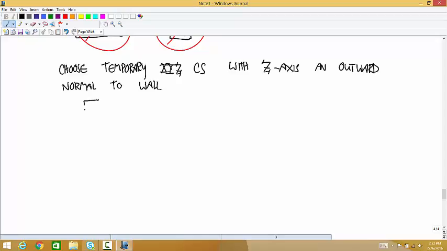So for example, if this is the shape and this is your desired point, then the capital Z axis is going to point this way, and then the Y axis has to be pointing that way.